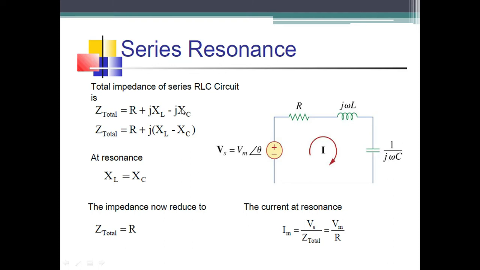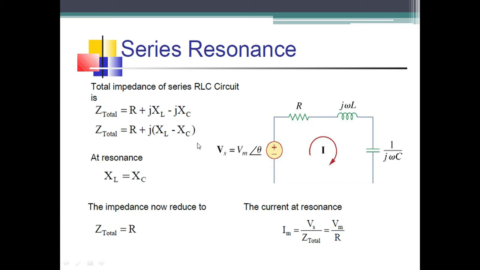Z total is R plus j omega L plus 1 upon jXC, and moving it from denominator to numerator it acts as minus jXC. That's why Z total is equal to R plus j(XL minus XC).